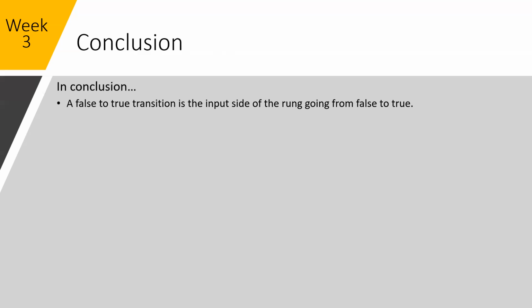So the false to true transition, or leading edge, is the input side of a rung going from false to true, or 0 to 1. This doesn't necessarily mean it has to be a single bit. This could also be from evaluations.